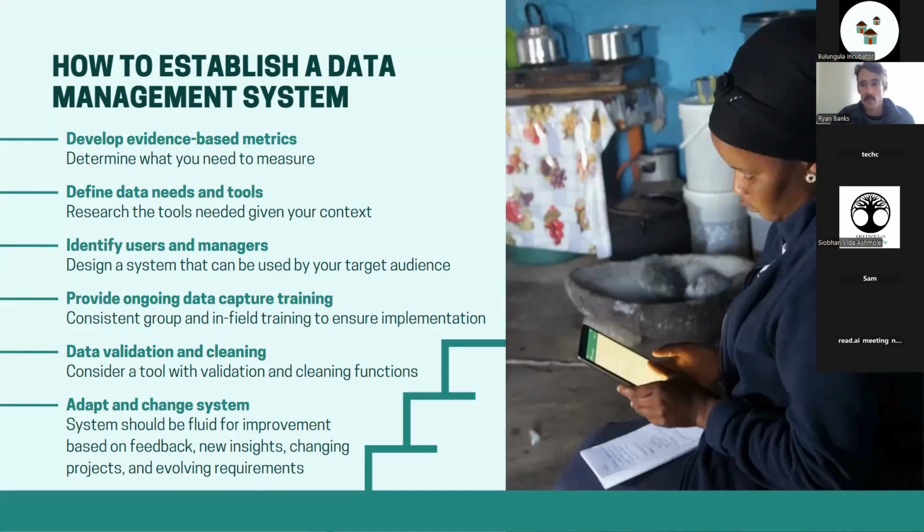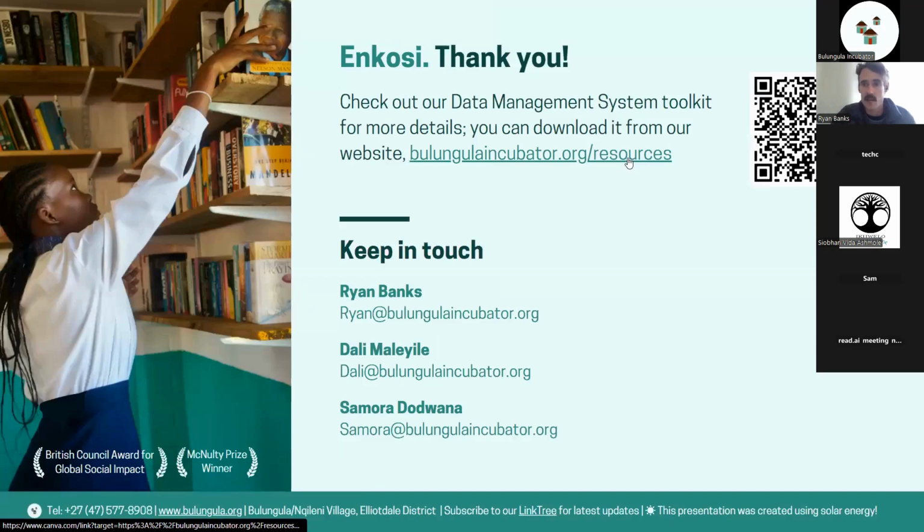You can either put your email address into this chat and we can email one to you, or scan this QR code and you'll be directed to the BI's website where you can download this toolkit. Cool. Thank you very much. We'll open the floor to any questions.